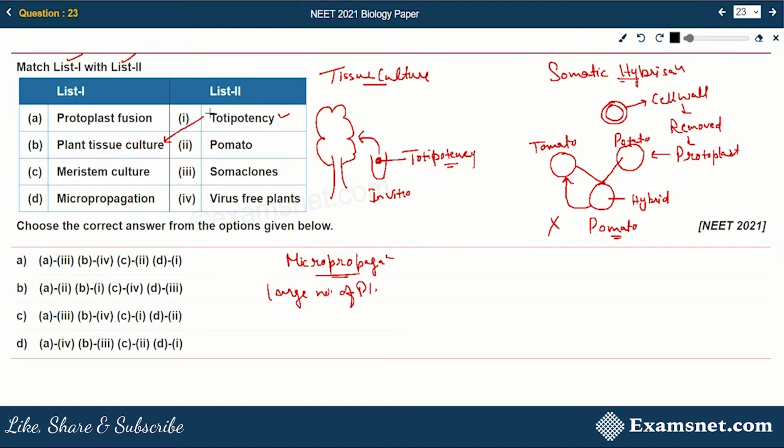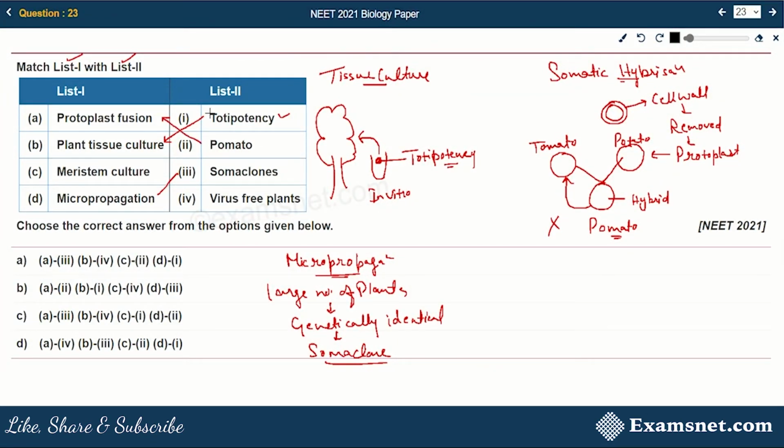One of the special features of this micropropagation is that all the plants are genetically identical to the original plant, right? And these plants are said to be the somaclones of the original plant. So the word somaclones is related to micropropagation and pomato is related to protoplast fusion.